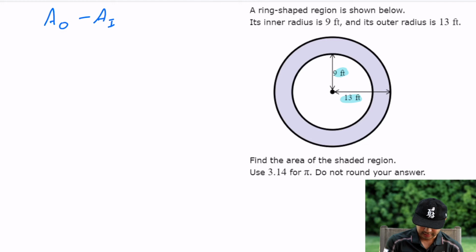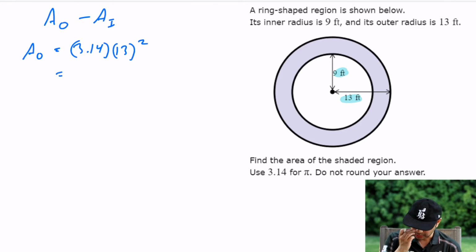Okay, so let's see. Area of the outer circle is equal to 3.14 times the radius, which is 13 squared. Actually, I'm going to not put in 3.14 just yet, because this is what you do in later grades. You don't even multiply pi out yet.